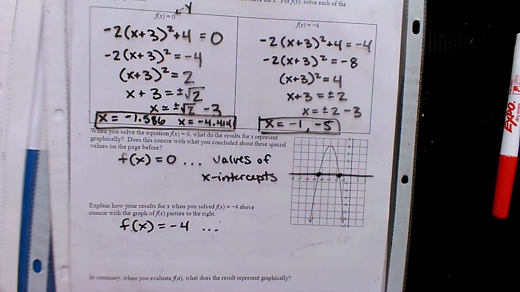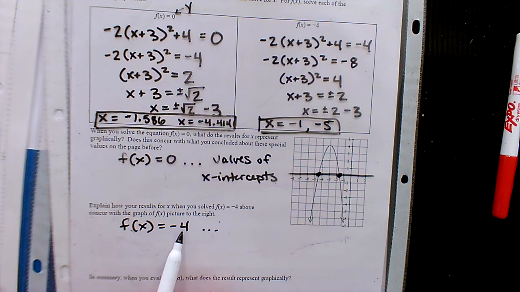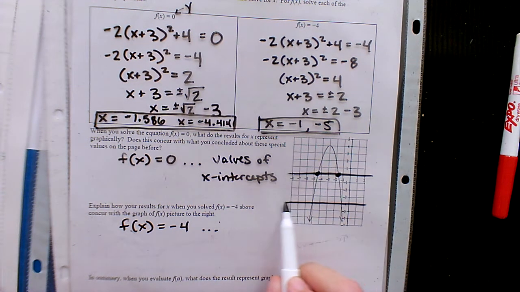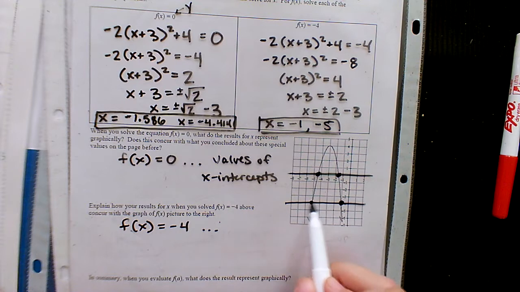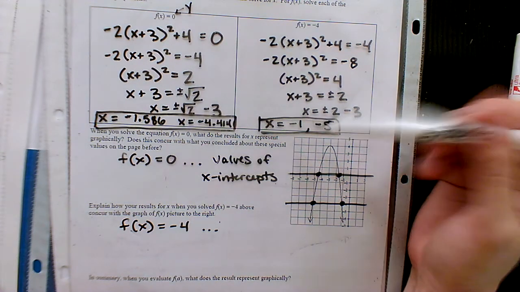Where are those on the graph? Can you describe them? What do you think, Noah? There you go. This is a y value, right? So if you take a look at the y value of negative 4, notice how your graph should have 2 spots or 2 points, and that's what we got here.